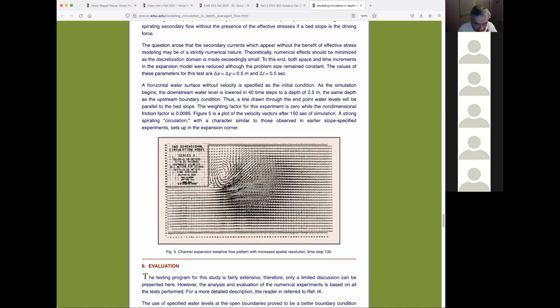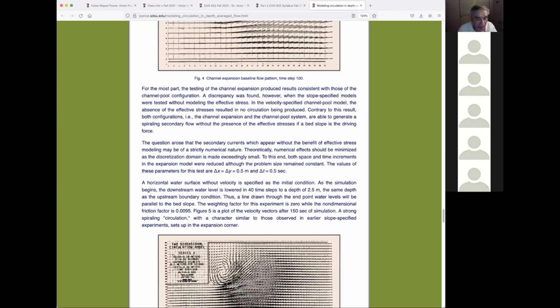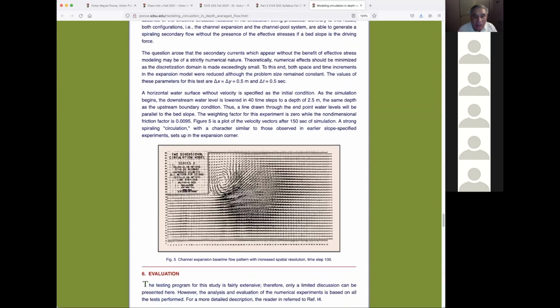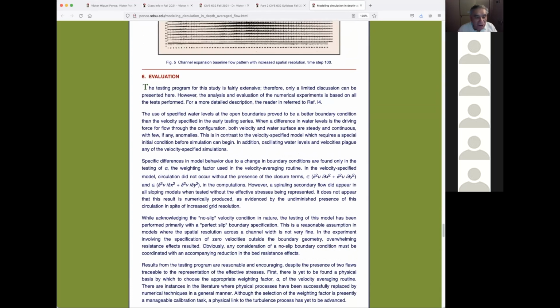Then we said, well, what if we reduce the delta x to 0.5 meters? We reduced it, and we came up with the same answer. A little bit thicker resolution, but it was okay. So basically our evaluation was, we try this model under any and all circumstances of data, but we couldn't discuss it all here.